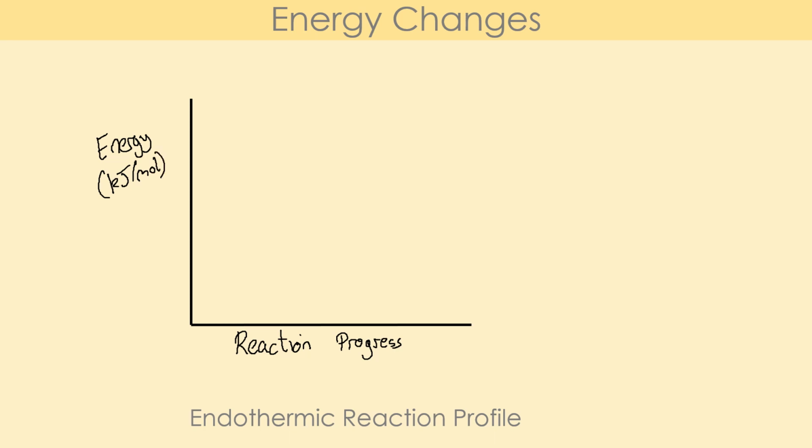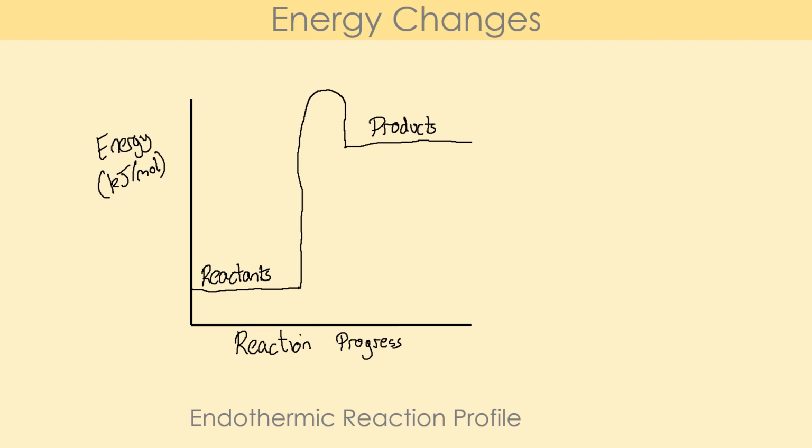For this one, our reactants start lower, so we have our reactants down here, and we have our products up here. To join them up, again, we need that line going up, and it goes over the products and back down again.